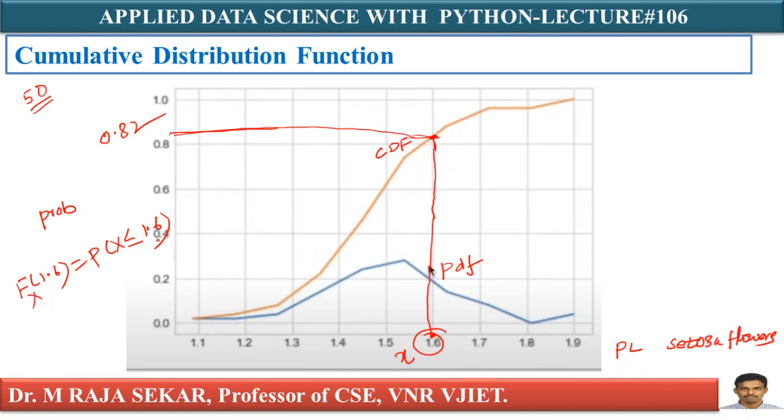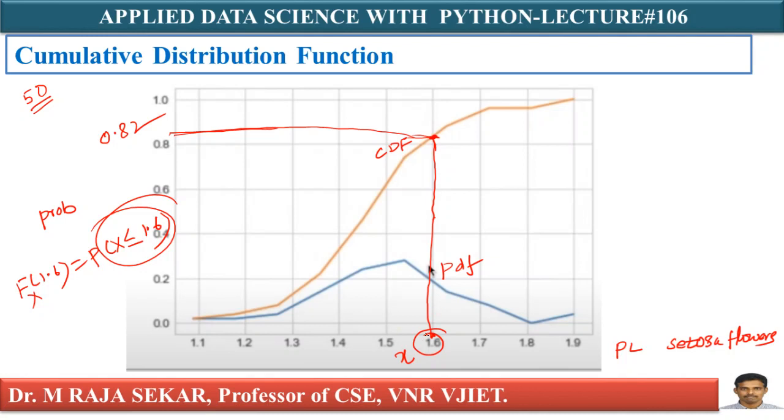P of X less than or equal to 1.6 means there are 0.82, that is 82%, of setosa flowers whose length is less than or equal to 1.6. Only from the cumulative distribution function can you find this information. You cannot find this information from the probability density function.